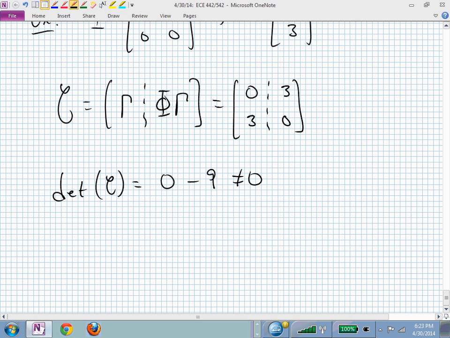Minus 9. So it's full rank. We have a completely controllable system, and so that particular system, even though it started with open loop poles at the origin and at 2, which was unstable, we could put those anywhere we wanted inside the z-plane, and we would probably prefer to have them inside the unit circle in desired regions.